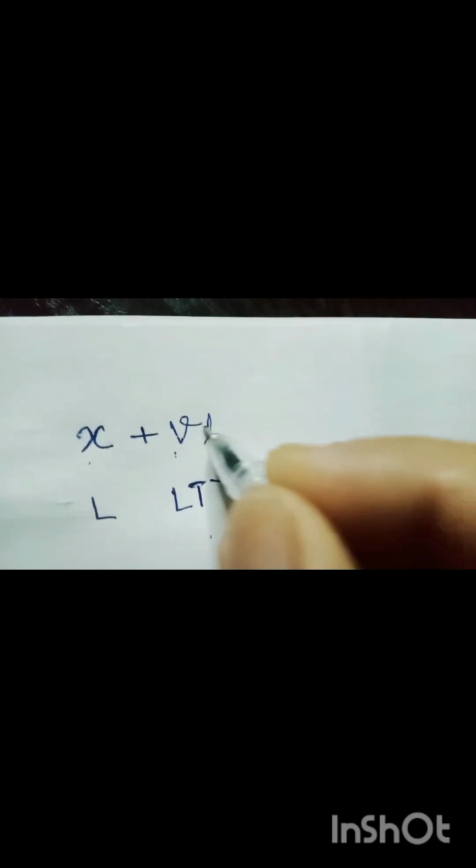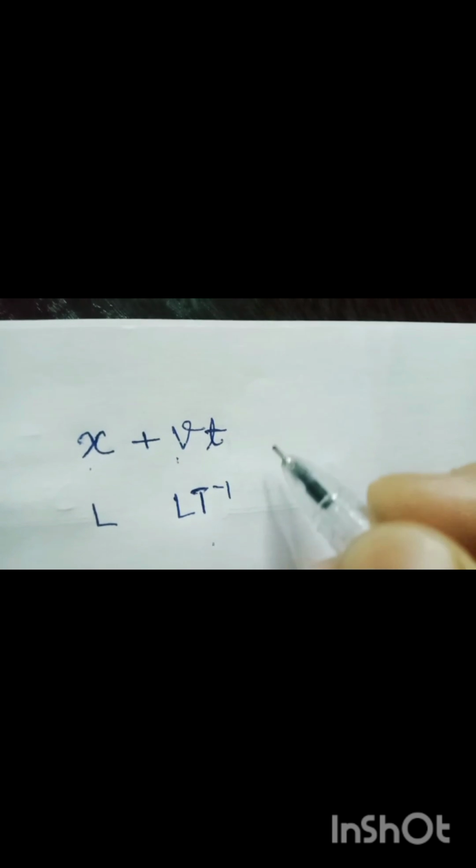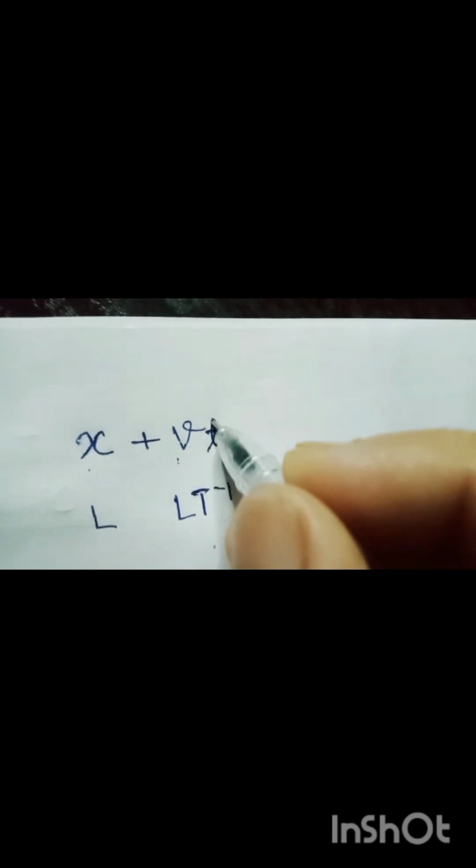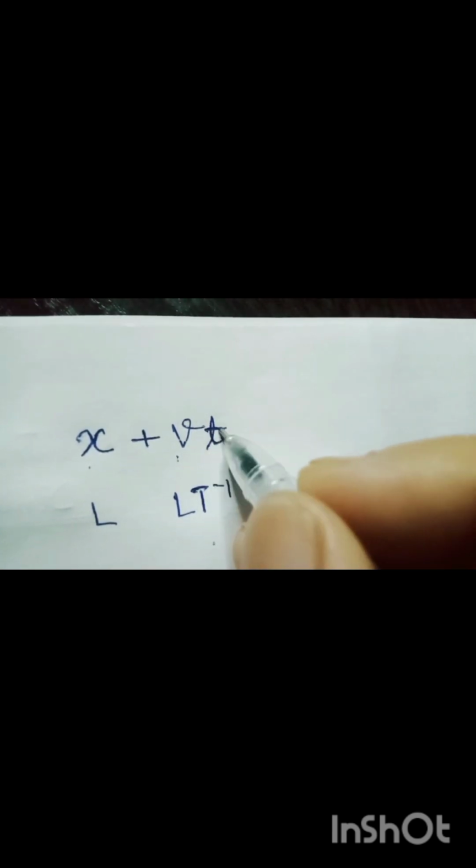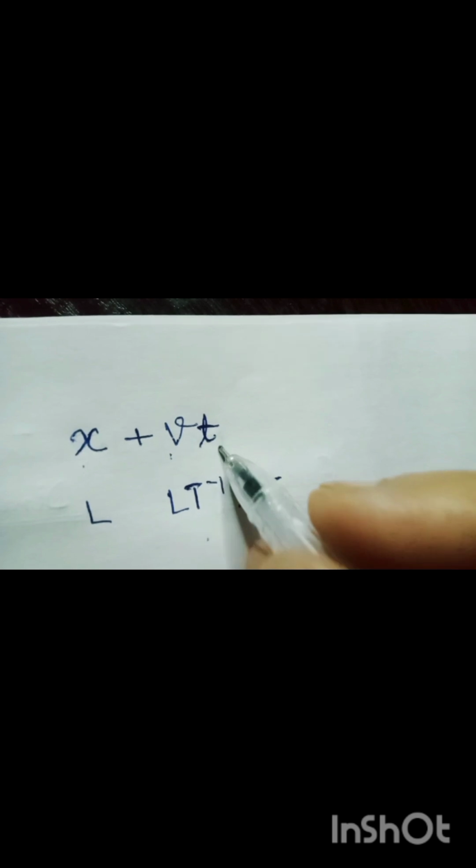Both of them have different dimensions, so we cannot add these two quantities, displacement plus velocity. But if velocity is multiplied by t, that is time, then let us see what the dimension is. So here the dimension for time t is t.